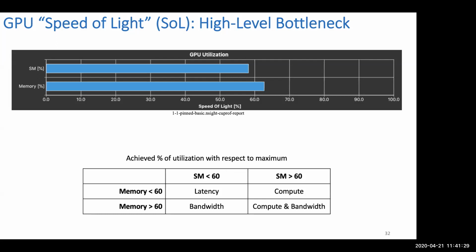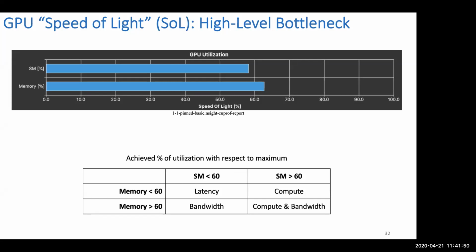In the GPU model, we try to hide the latency of different operations by having many different operations in flight at a time. If your utilization is low enough, there's not enough operations in flight to hide the latency. So we'll call this a latency bottleneck.